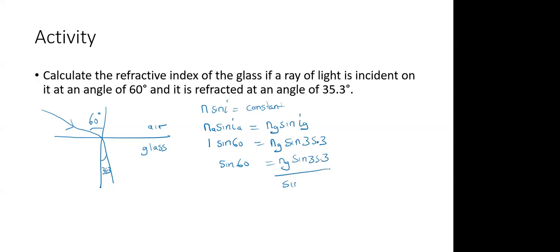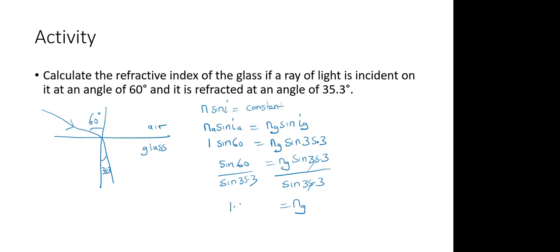So divide by sine 35.3 on both sides. This and this will cancel. So refractive index is equal to sine 60 divided by sine 35.3 on your calculator, and you will notice your answer is about 1.498.